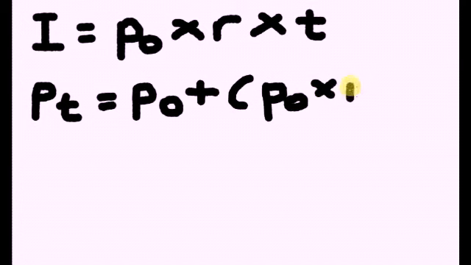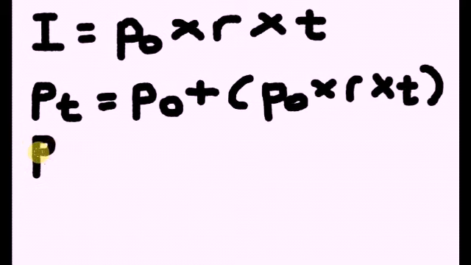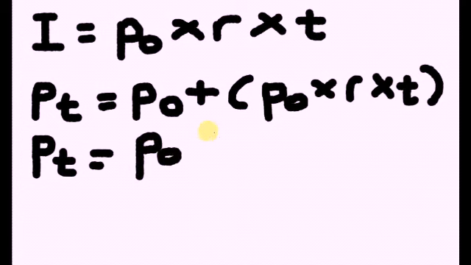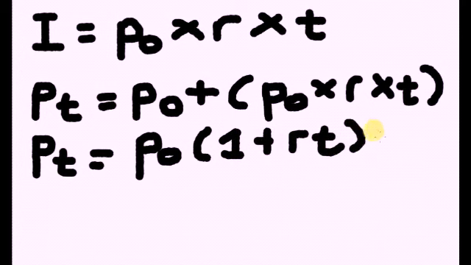We can factor out this expression. The principal is common, so I'll have the principal, open bracket, 1 plus RT. That's the formula used to calculate the total value of savings.